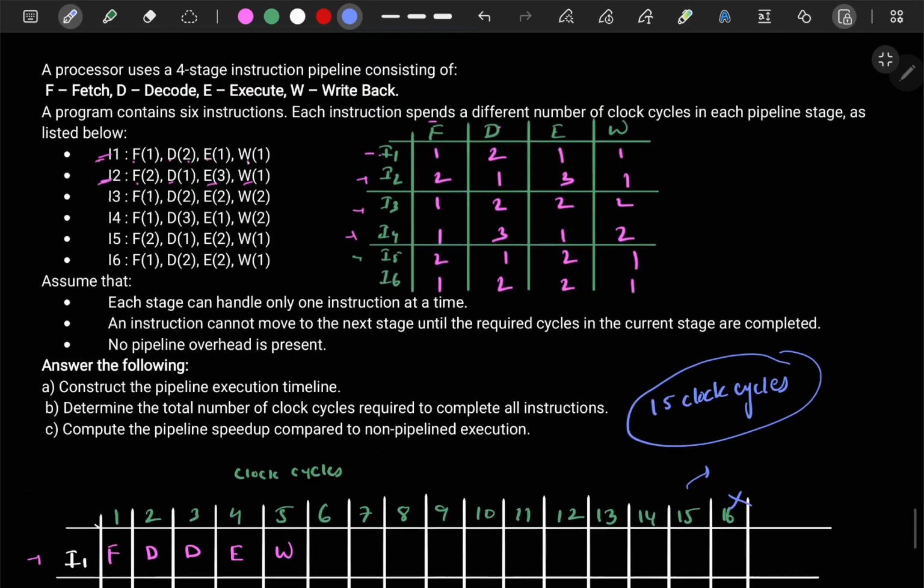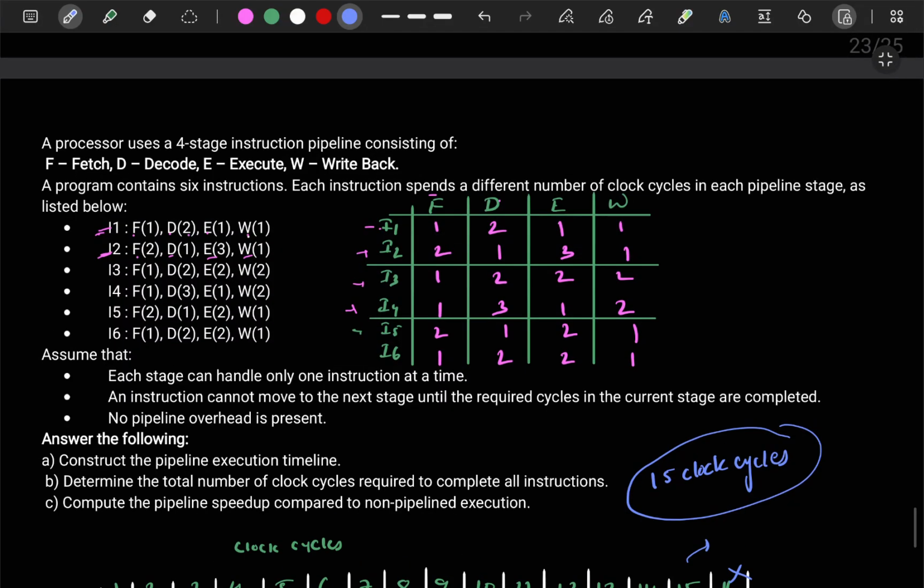Whenever we want to calculate the time taken without pipelining, we remove the delays from every phase and directly add the delays of all the phases. You can clearly see in the question itself that delays are mentioned. This clock cycle is nothing but the delay.